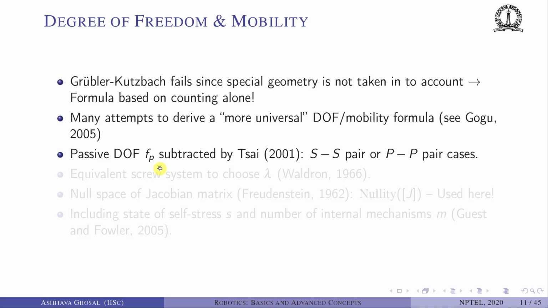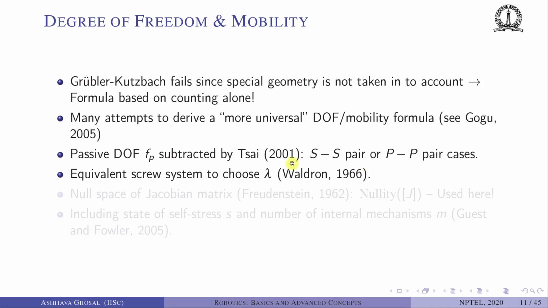It does not really change the configuration of the mechanism. Similarly, in an SS pair, if in a mechanism there are two spherical joints one after another, then the link in between these two spherical joints can rotate freely without changing the configuration of the robot or the mechanism. So Gogu suggested that we should remove all these passive degrees of freedom.